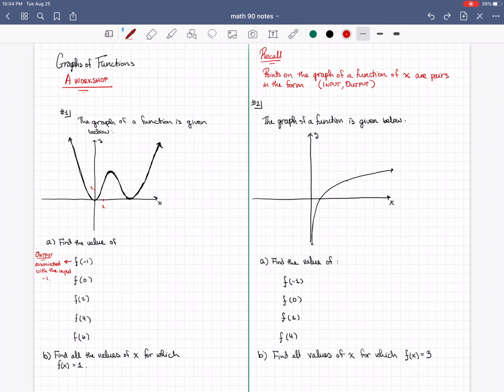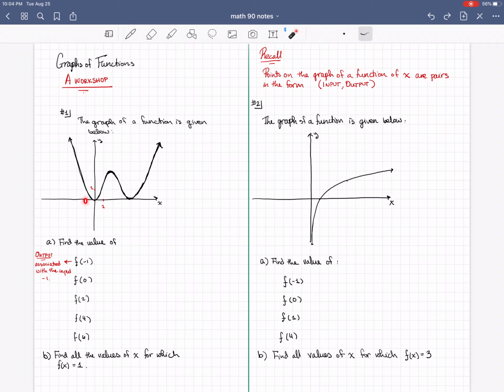So in this problem, you know the input, and I'm asking you to find the output. Okay, now let's go back to over here where we put this reminder definition. In our graphs, inputs are x-coordinates, outputs are y-coordinates. So if I'm asking you for f of negative 1, I'm telling you the x-coordinate is negative 1, find the y-coordinate. Well, let's see. I'll actually still use my pointer.